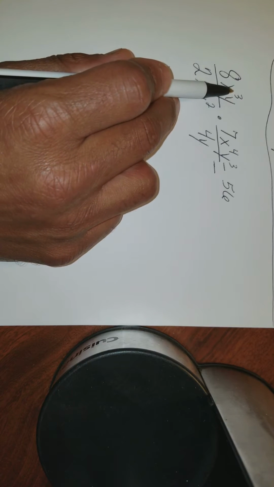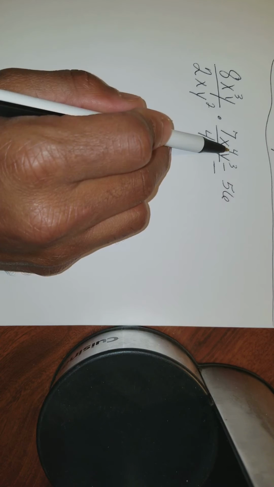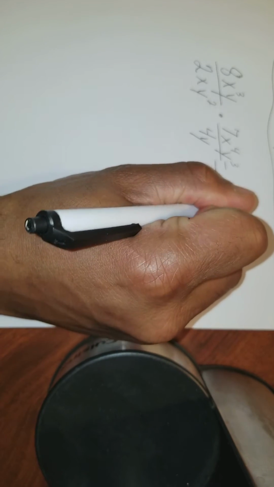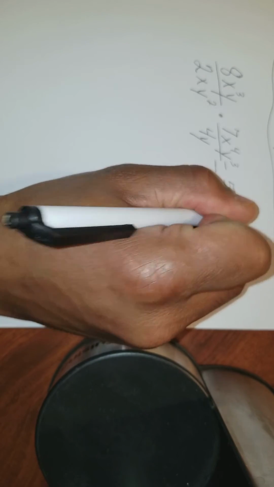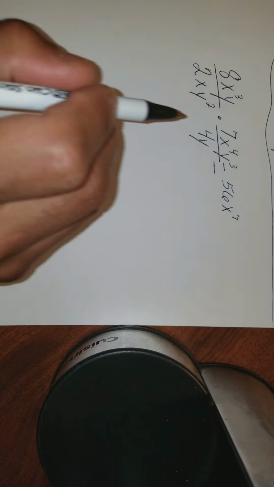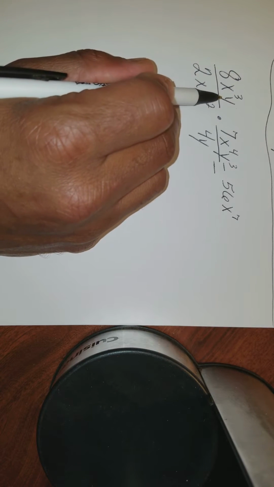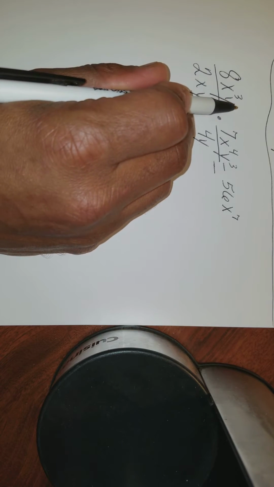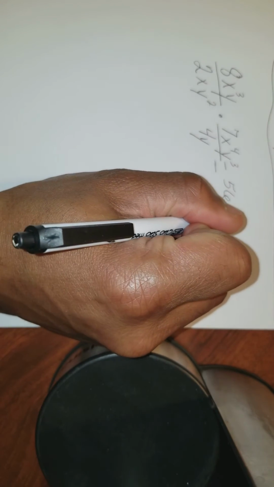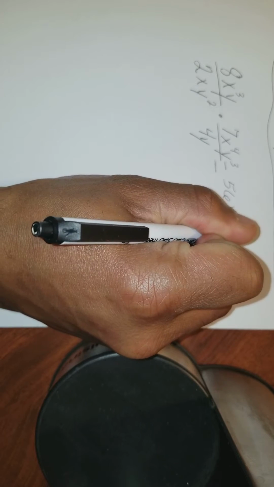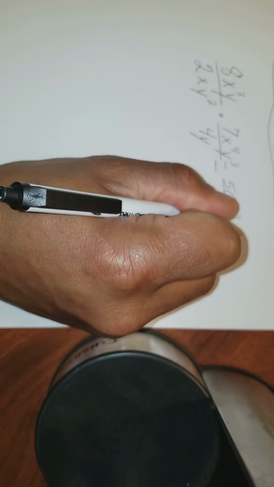Here I have 3 x's, here I have 4 x's, so I have a total of 7 x's. Here I have 1y, even though you don't see the 1 here, it's still 1y. You have one y here, you have 3 y's here. This gives me a total of 4 y's.